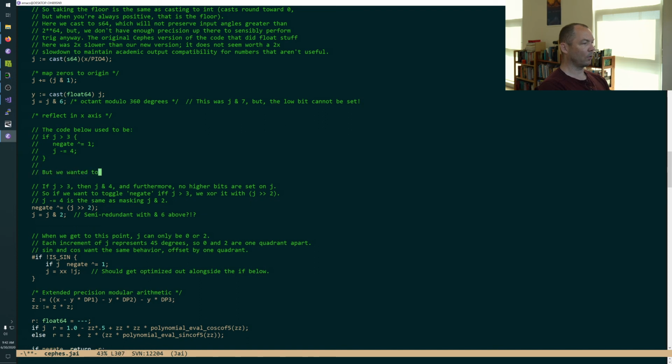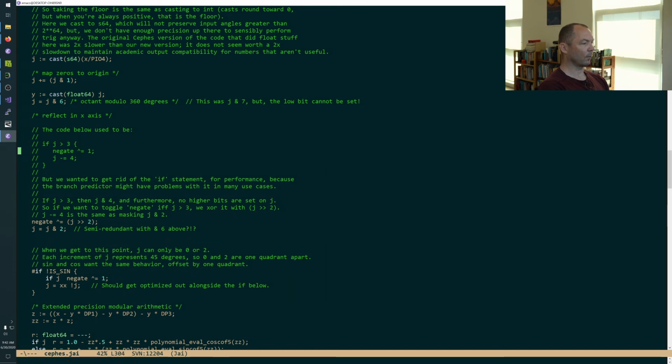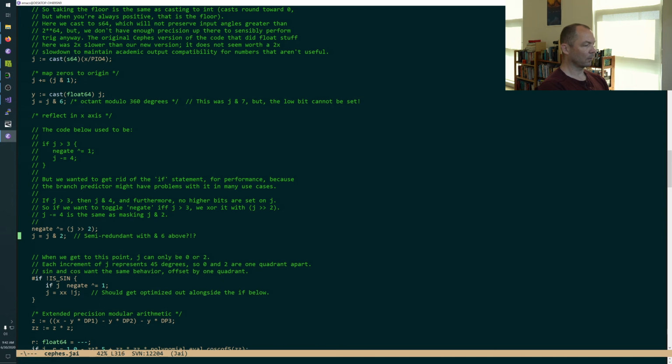We wanted to get rid of the if statement for performance because the branch predictor might have problems with it in many use cases. Okay. Something like that. We're explaining what we're doing. Does that make sense to everyone?